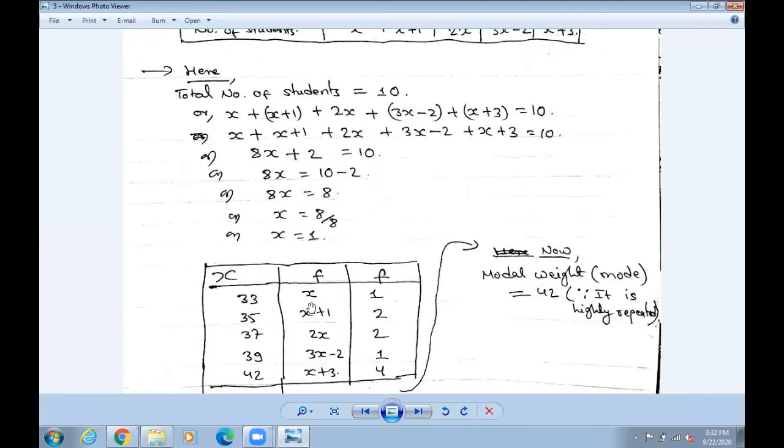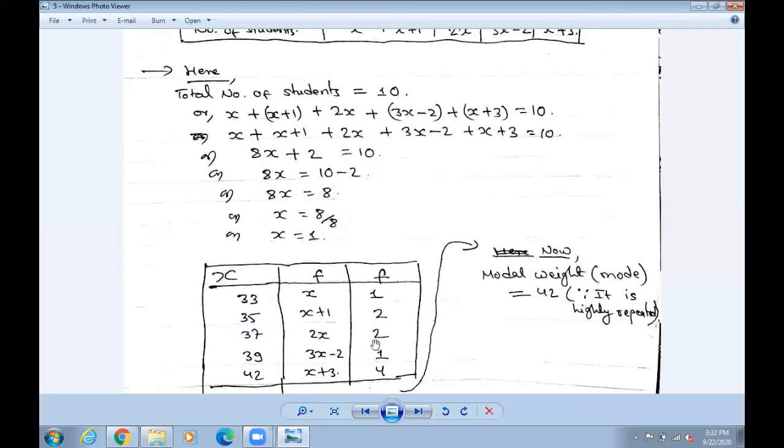Now let us put the value of x. How much is x? x means 1. Without showing the calculation, do the calculation in your mind itself. So x means 1, that means 1 plus 1 is 2. We do not write 21 again, okay. 2x means 2 into x, so 2 into 1, 2 ones are 2.